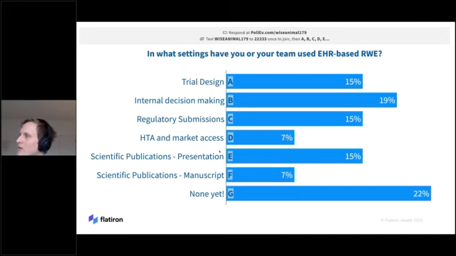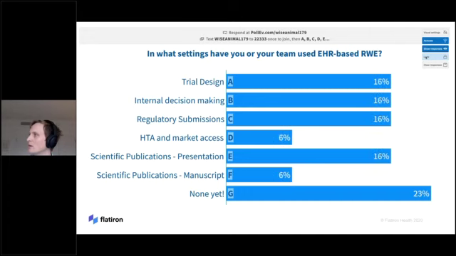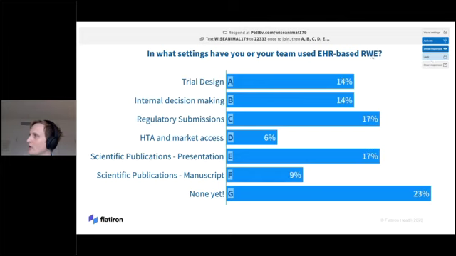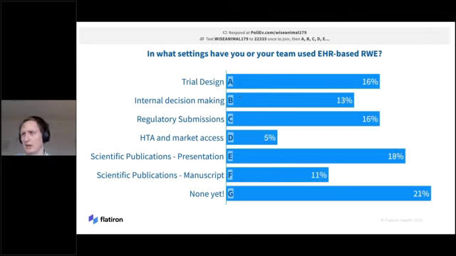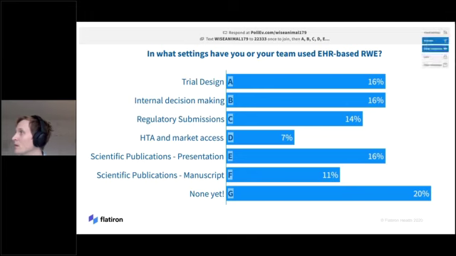Give it another second. Okay, great. So let's lock it now. It looks like it's pretty balanced across all these spectrums. So it's interesting to see that there's work in complementing trials, but also potentially supplementing trial data as well. All right.